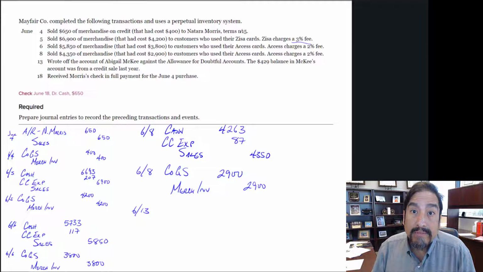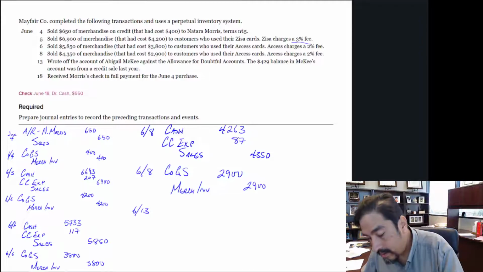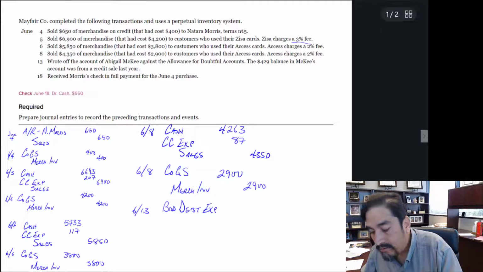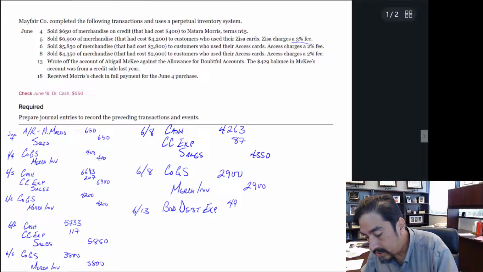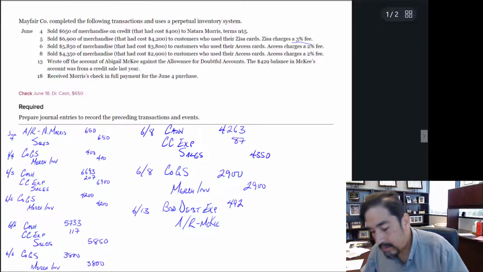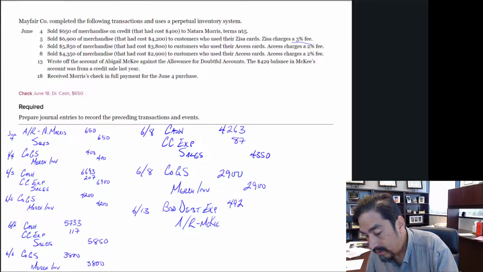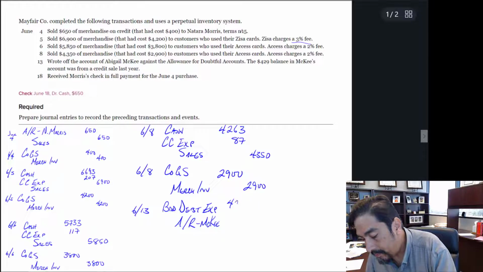We're going to pull that $429 out of accounts receivable. If this were the direct method, we would hit bad debt expense for that $429, and we would credit accounts receivable for the same $429.